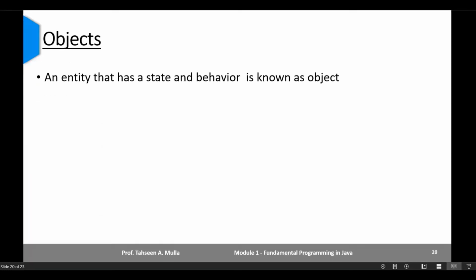So let's see something about objects. Here you can see we have an object. It is a pencil. Can anyone define the state and behavior to define this object as a pencil? Because my computer is not aware of what actually I am going to build.